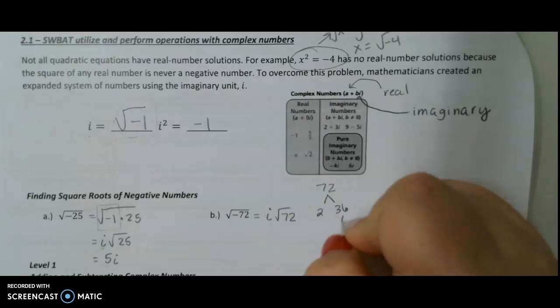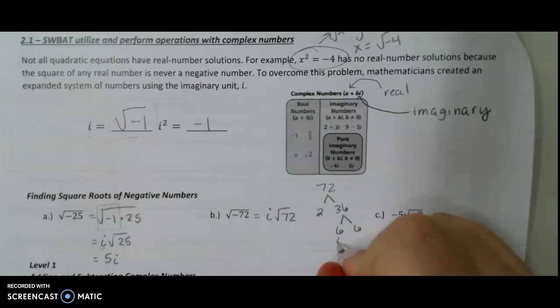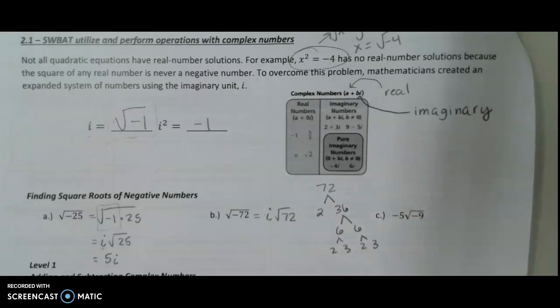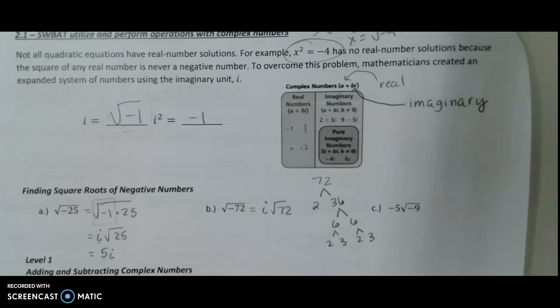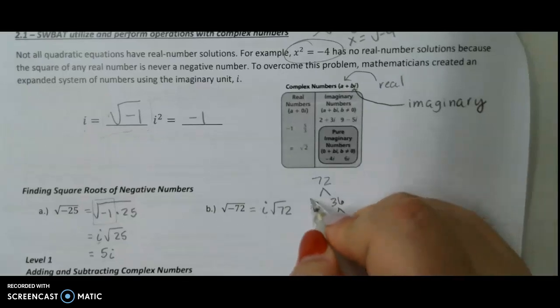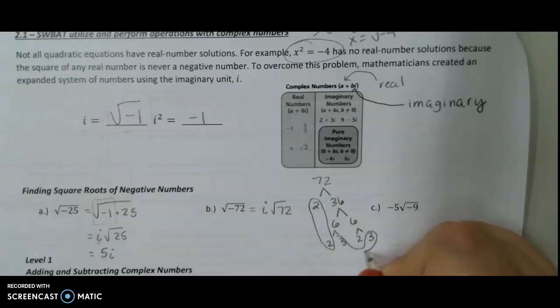I break down 36 into 6 times 6, and then 2 times 3, 2 times 3. This is something you should have done in geometry, where we have a pair of 2's, a pair of 3's, and then a leftover 2.